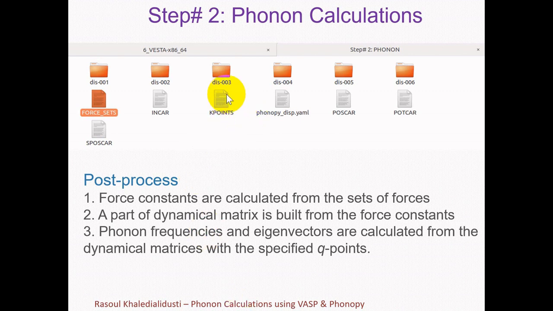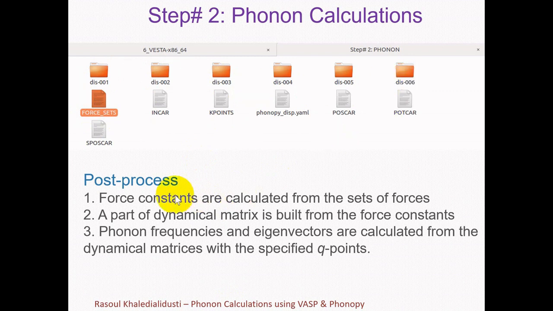So as you can see, the force sets file is created, and now we can do post-processing after collecting the forces from the vasprun.xml of each of these single atomic displacement folders.